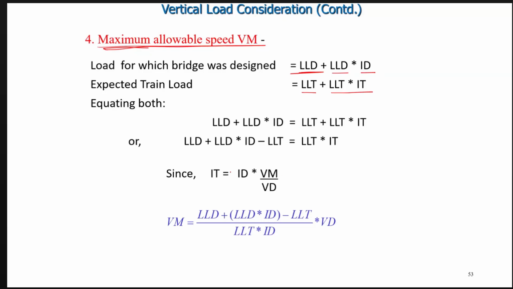The IT is a ratio of VD by VM, the proposed speed, and the design speed means 125 kmph. So making both equal, we can calculate the maximum allowable speed by equating them. By this formula we calculate how much the speed will be.